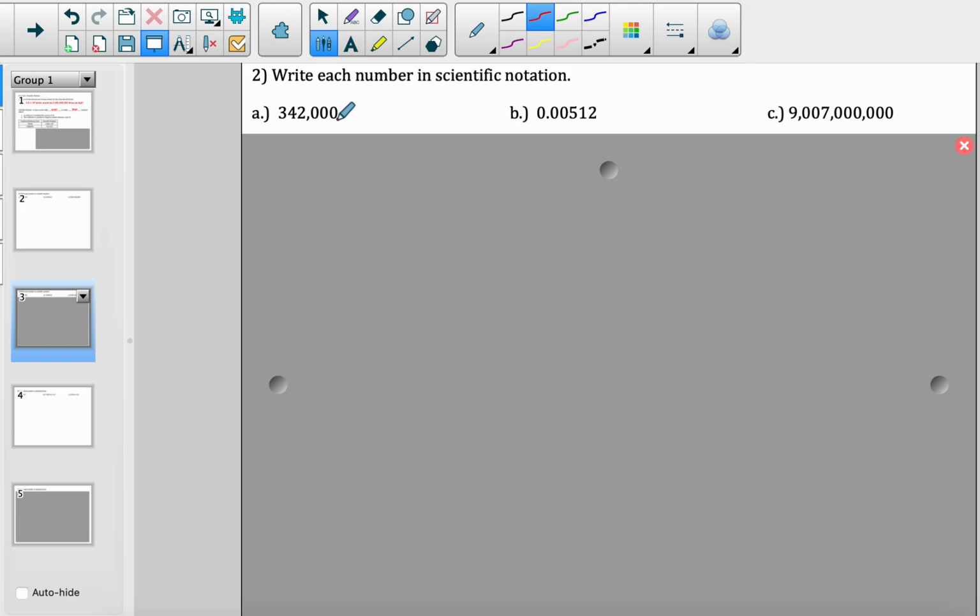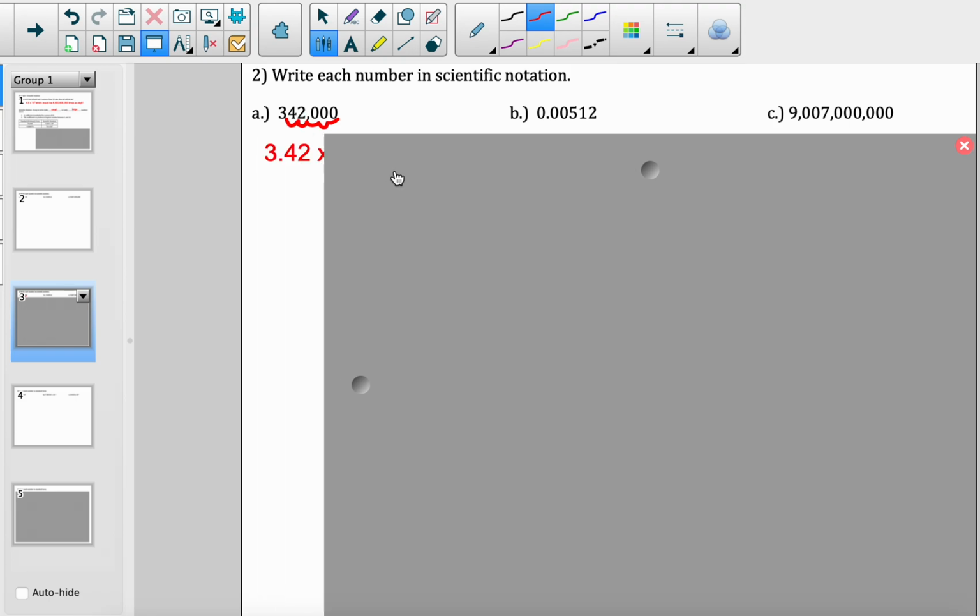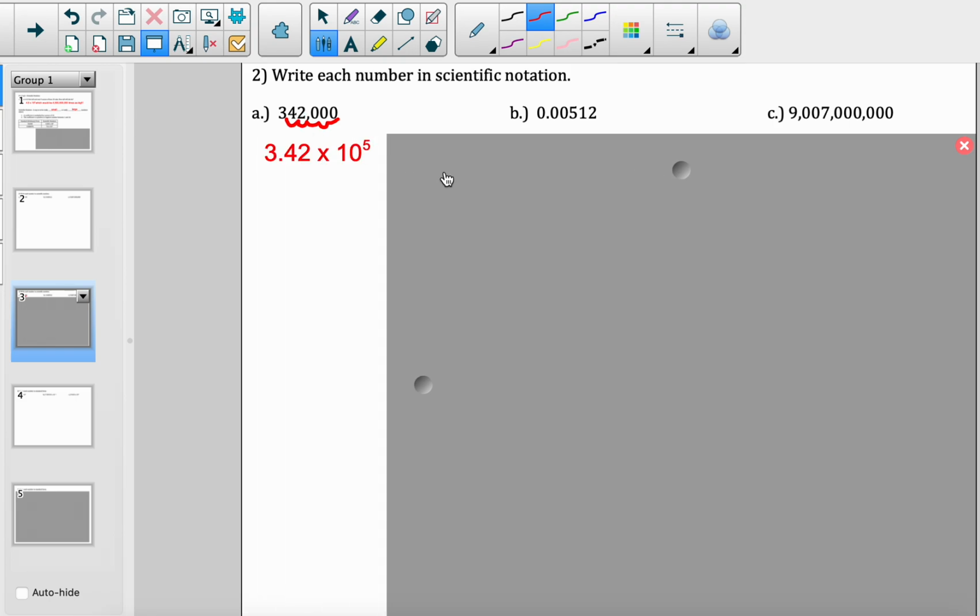If you've worked with scientific notation before, you've possibly seen someone draw some humps in between until you realize where you need to stop your decimal place. So if I'm counting as I'm drawing, moving my decimal place over, it's 1, 2, 3, 4, 5 places. So we're going to have 3.4 times 10 to the fifth.